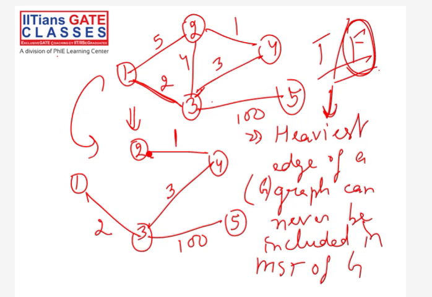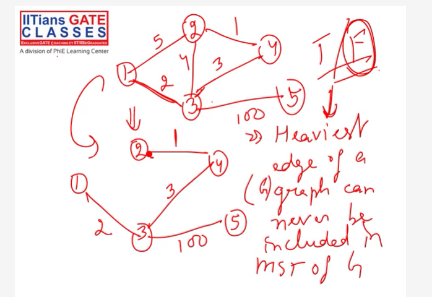Correct? So if you don't want to check the cycle concept, this is another way to create the minimum spanning tree. With every edge, you should add at least one new vertex to the graph. If with an edge you are not adding any vertex to the graph, that means your edge may contain a cycle. All right. So this is the Kruskal algorithm.